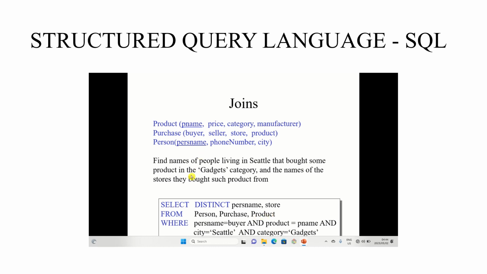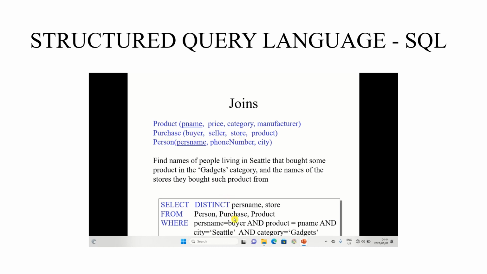Product table, as you can see it. From some product in the category. Category, yeah, still belongs here. So product category and the names of the stores. Names of the stores. Store. We see store here. Purchase.